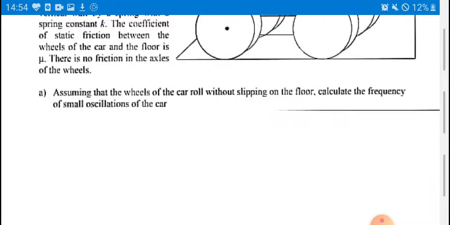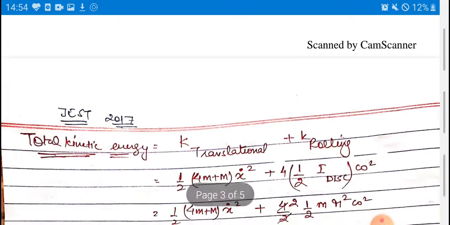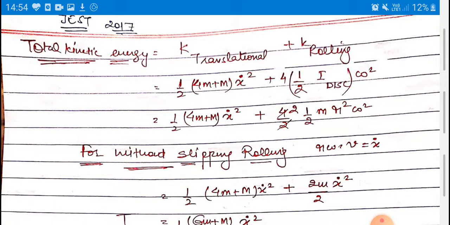So how to do that? Let's start with the problem. Before slipping, I have calculated the total kinetic energy in front of you, K translational plus K rolling. This type of question is very important, because I have gone through many papers, and this kind of question was the first of its kind, in which generalized force was used for the slipping case.